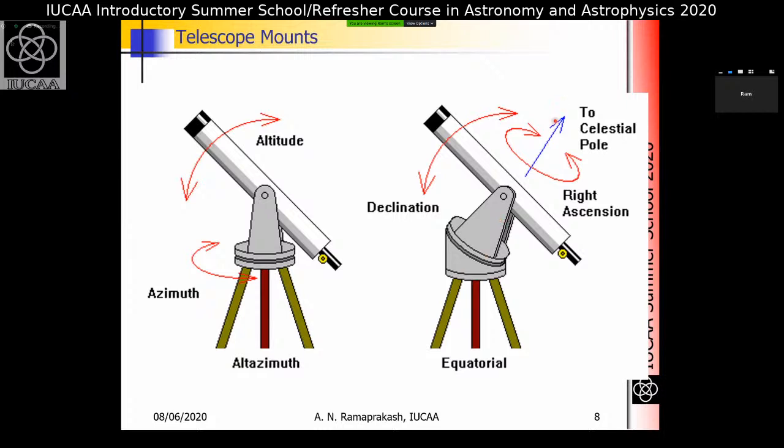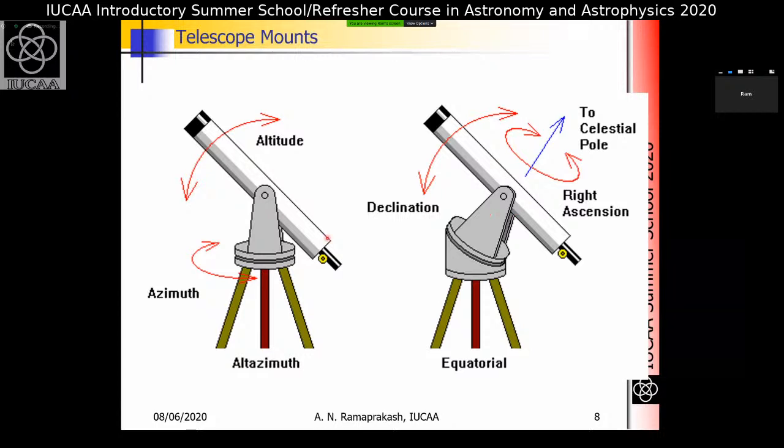If the mount is designed like that, then the other axis is fixed, and there is an axis around which the telescope can move up and down. The advantage is that this is arranged in a way that matches how the Earth rotates around its axis. So one of the telescope's axes is also pointing toward the pole of the Earth, where the Earth's axis is pointed. It is relatively easy to track objects in the sky with this kind of mount.